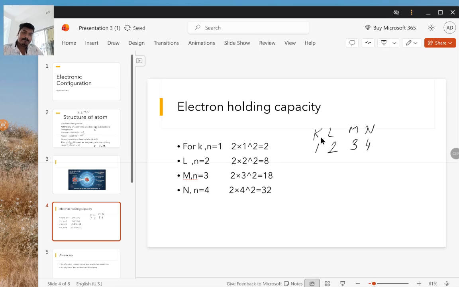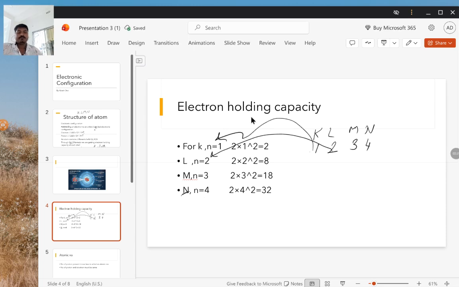So n becomes 1 for K, 2 for L, 3 for M, and 4 for N.